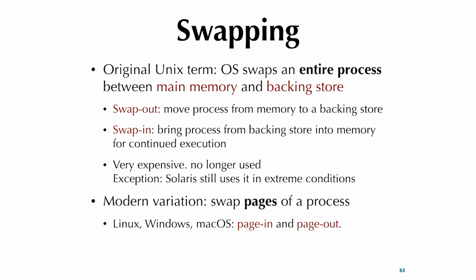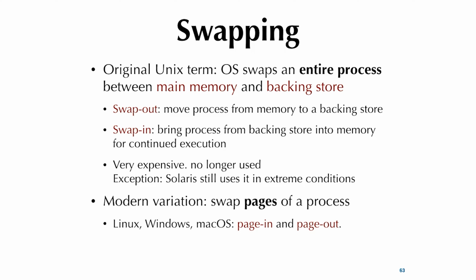You can think of it as suspending it, putting it in hibernation mode, and not just putting it back in the ready queue, because that's what a context switch does, right? Instead, take the entire image and write it out to a disk, as if you were saving a file. Another word for disk is backing store, because it doesn't have to be disk, it could be flash or other non-volatile storage.